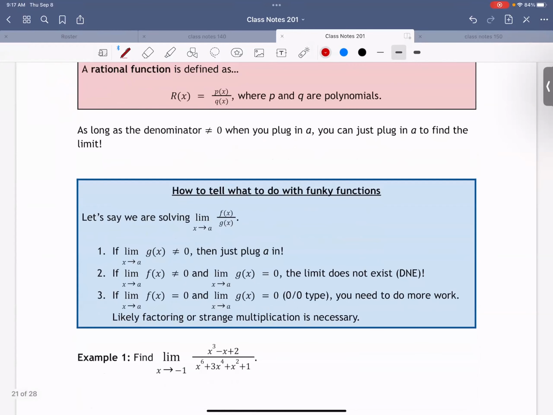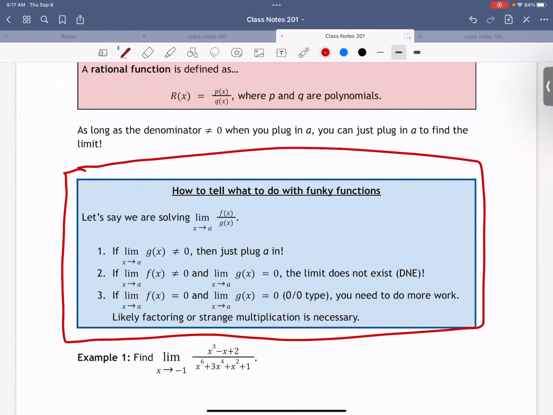What I want you to do is maybe highlight this box here, because this box is going to tell you exactly what to do to find anything involving a rational function, a polynomial over a polynomial. Let's say we're solving the limit as x approaches a of f, which is the numerator, over g, which is the denominator. So we have 2 polynomials over each other.